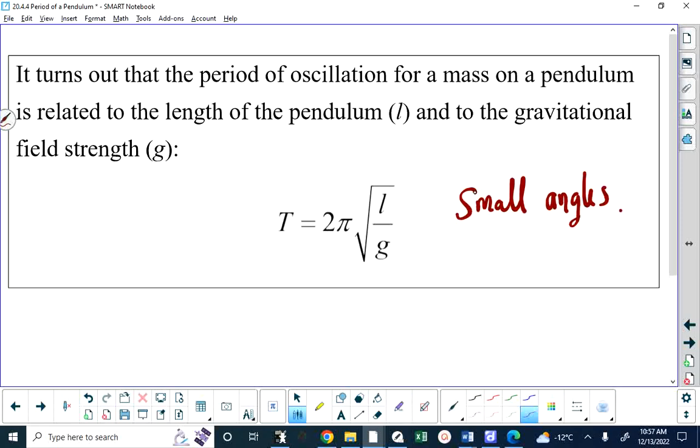What do we consider a small angle? Well, we're going to do a little demonstration here in a bit, but I would say less than 20 degrees, although you might see in some textbooks the statement less than 10 degrees. And what that means is 20 degrees away from the vertical.